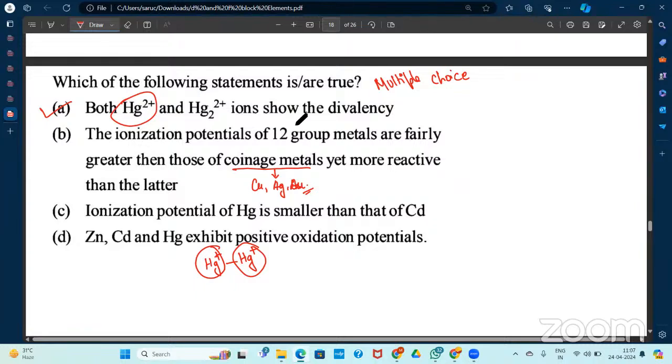When you take group 12, like mercury, they have the positive oxidation potential, and the coinage metals have negative oxidation potential. So since it has the positive oxidation potential, they are more reactive. And ionization potential of mercury is smaller than that of cadmium.